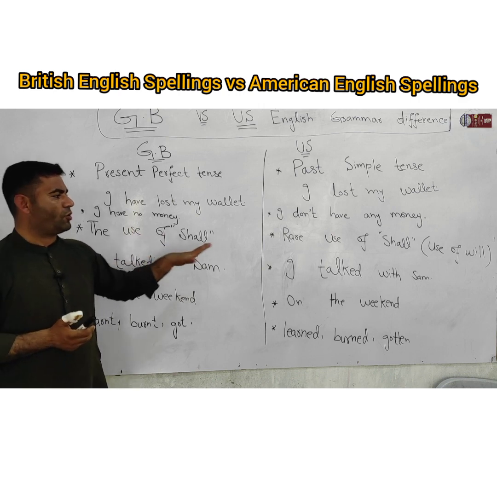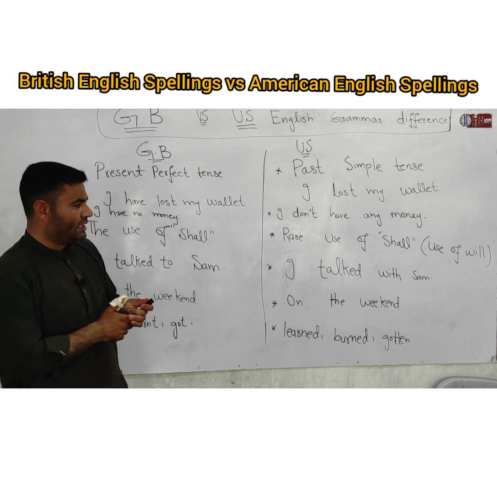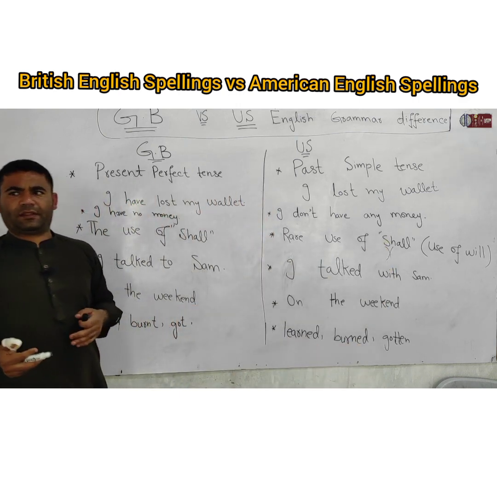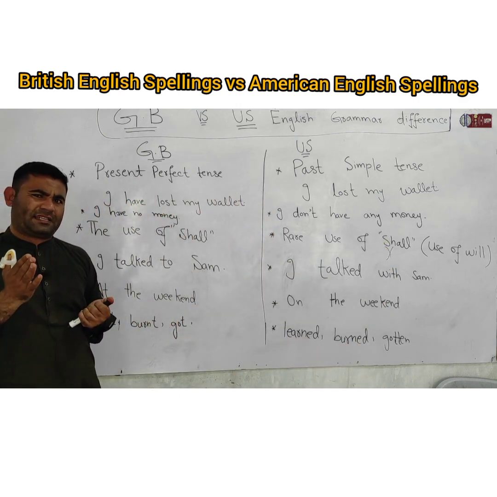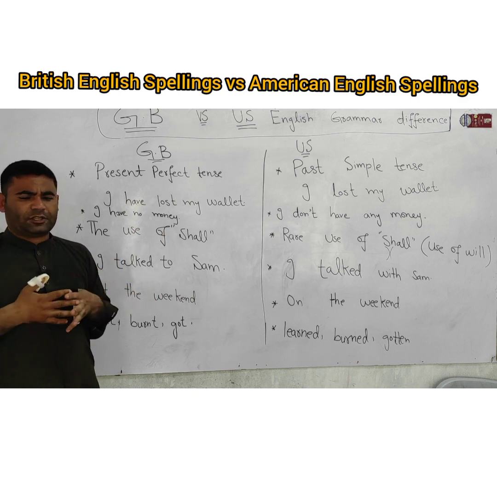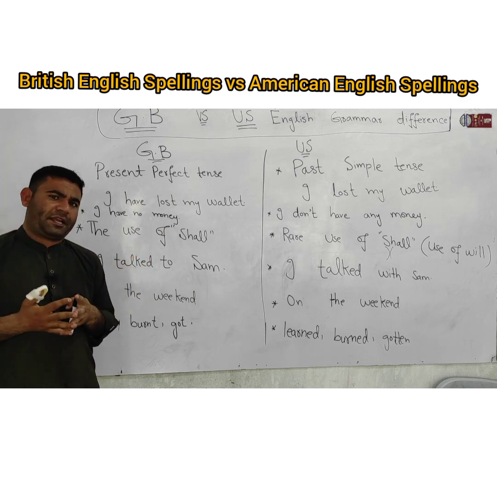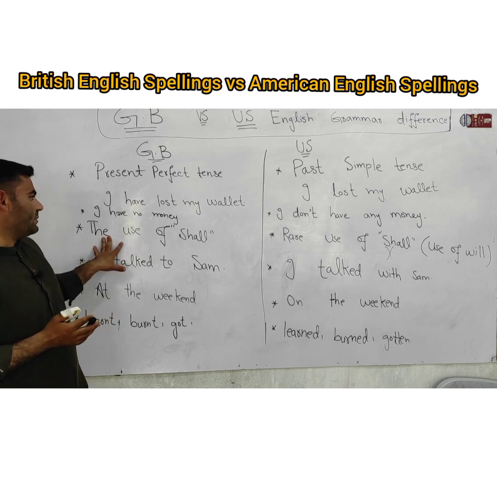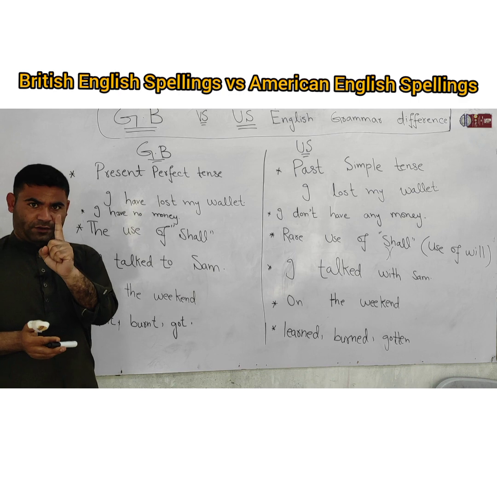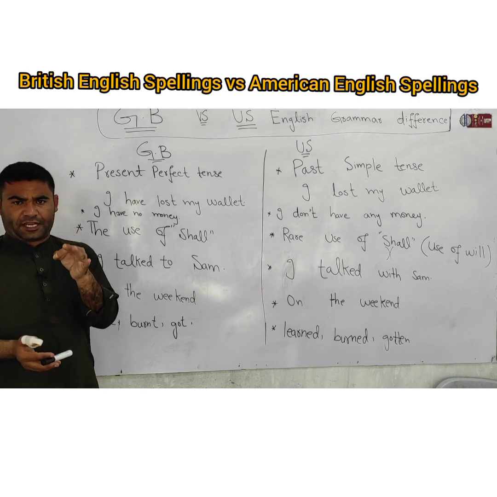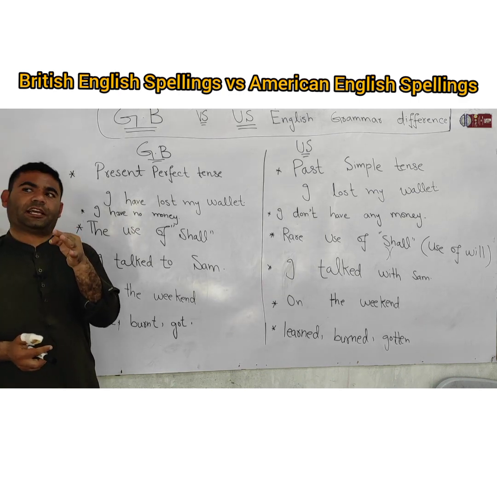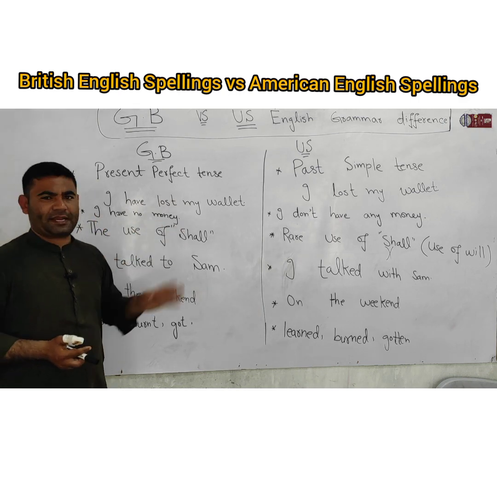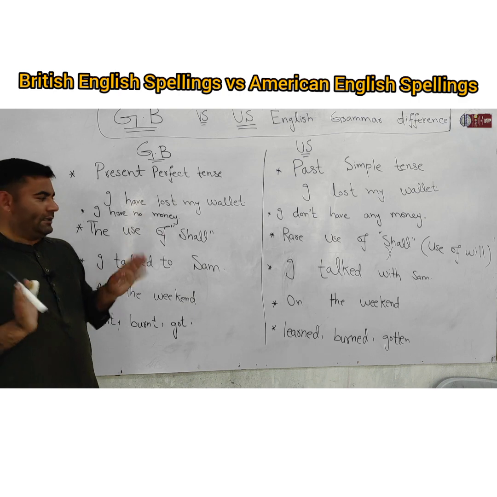But Americans have almost dropped using shall. So if you don't use shall in American English, it's not a problem. You can still speak English. Let me tell you one thing more: in British English also, in some places shall has been dropped, but it still exists, while in American English it is almost gone.